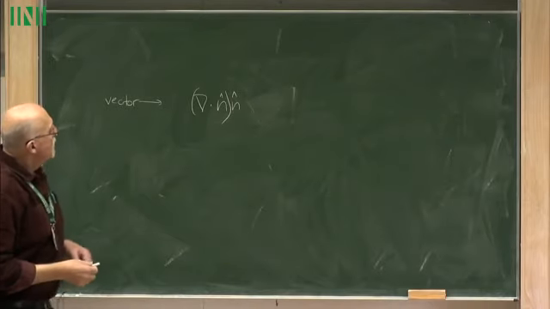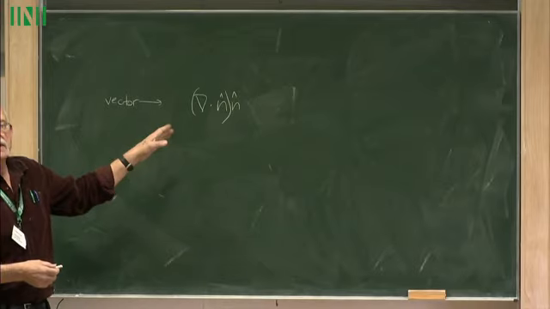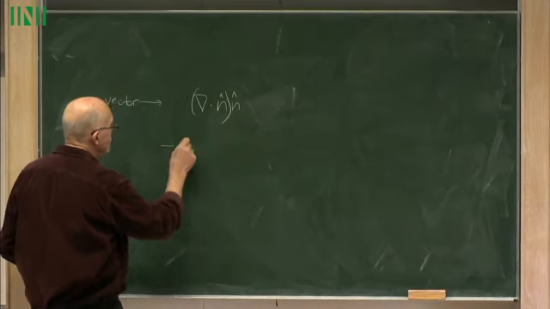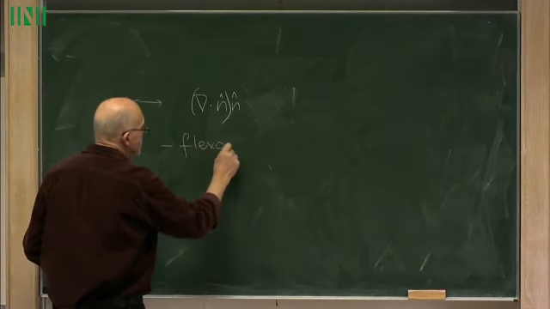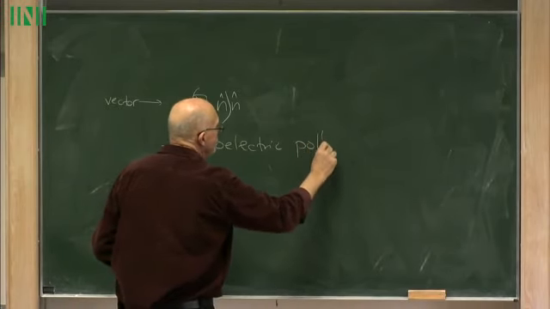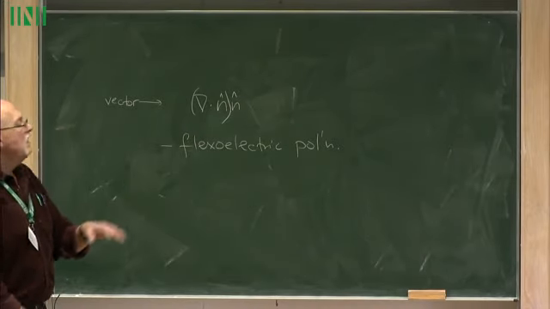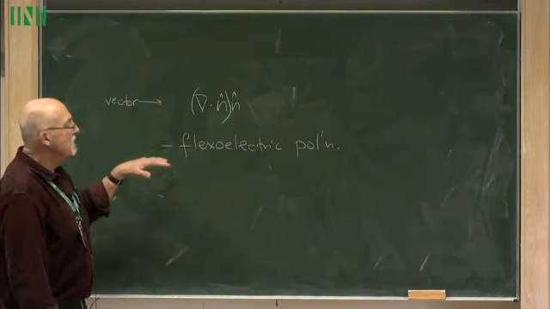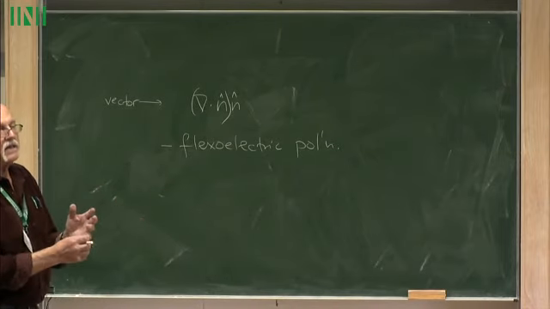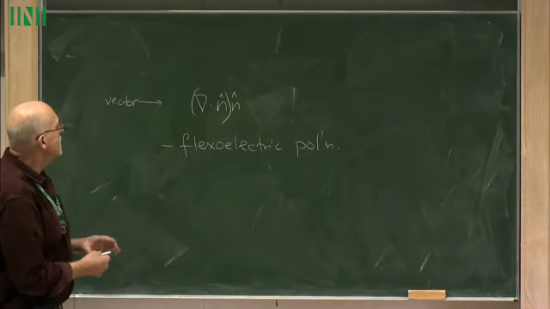And if you know that there's a vector there, the electrons will know that there is a vector there, and there will be electric polarization. This is called flexoelectric polarization. Okay, so simply by having a vector in your system, you will give rise to electric polarization, and that polarization will have associated energy with itself. It will polarize the neighborhood. So this will definitely make a contribution.